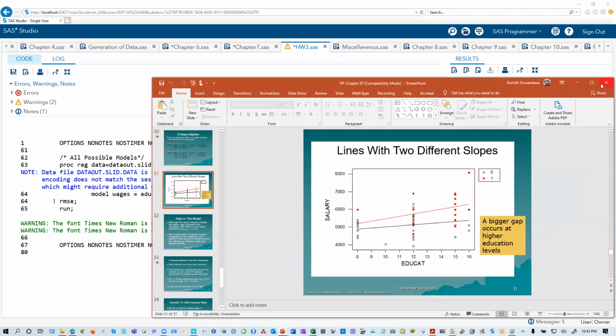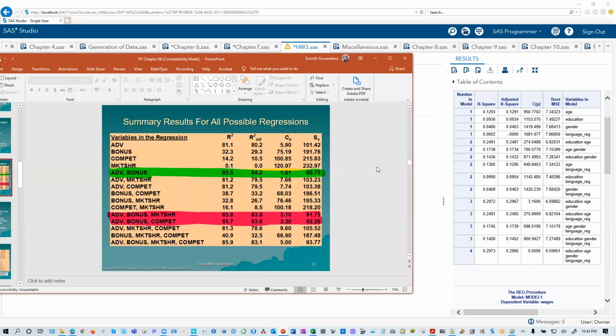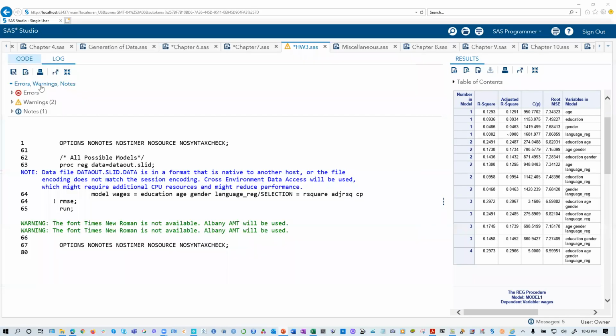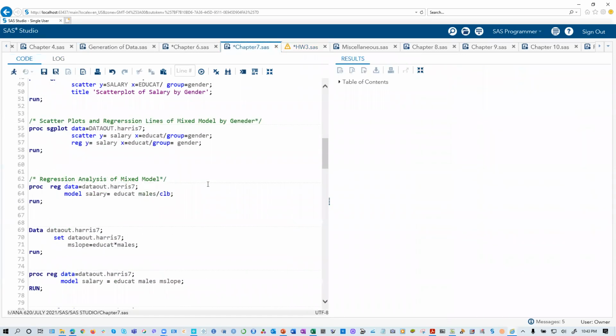Sorry, this one. Advertisement, advertising, bonus, competition, market share. So the same thing. R squared. So the same example? No, this is a different example. Okay, this is for the homework. Let's go to chapter 7. Chapter 7, I can do the same thing for chapter 7.